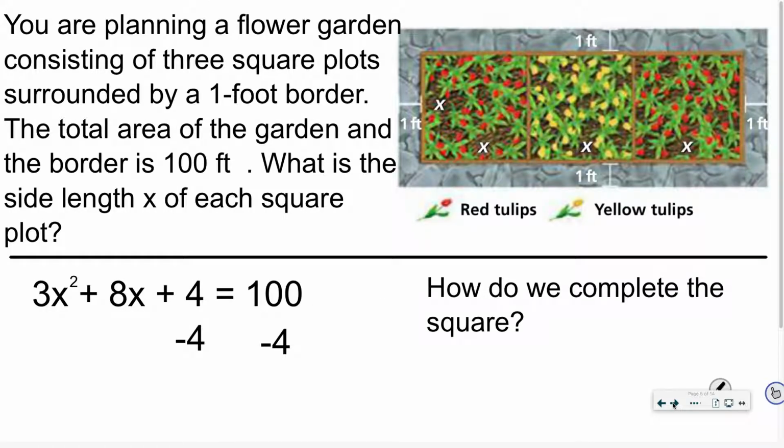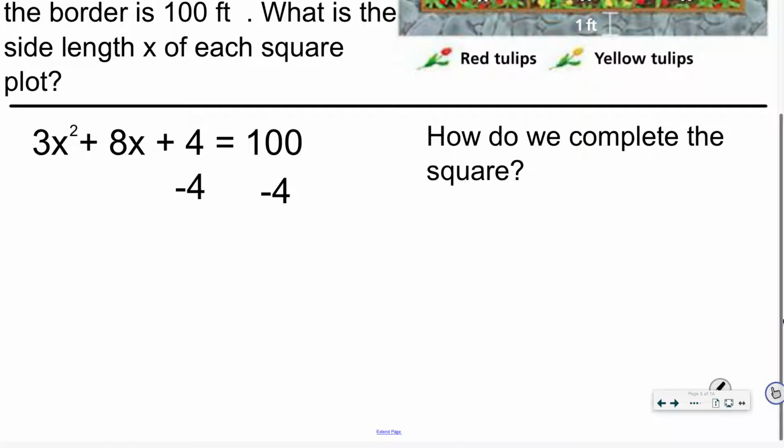How would we complete the square? So I went ahead and did the first thing: I isolated that c value. I needed to get rid of it so I can add a new one. What's the important thing right now? We have 3x squared plus 8x equals 96.